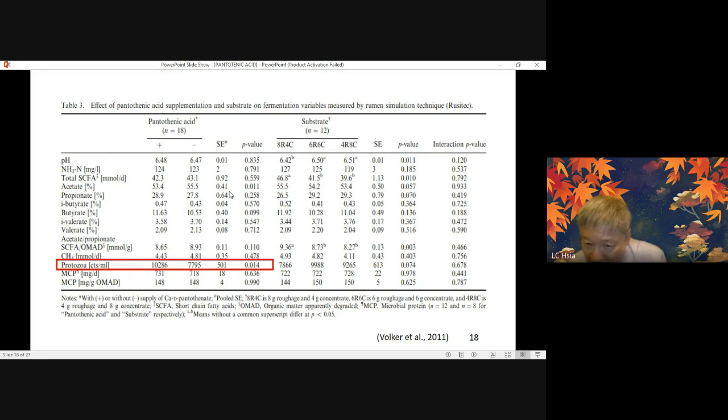Okay, maybe we can find out this kind of thing later. CH4, I cannot really. Okay, I will try to understand this part too.